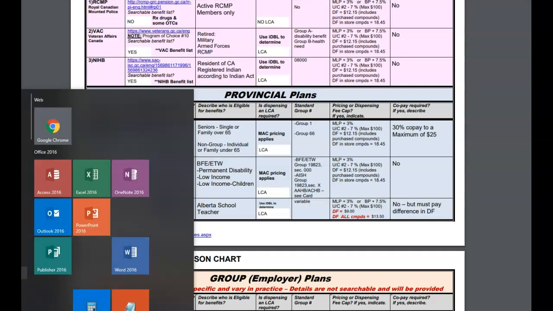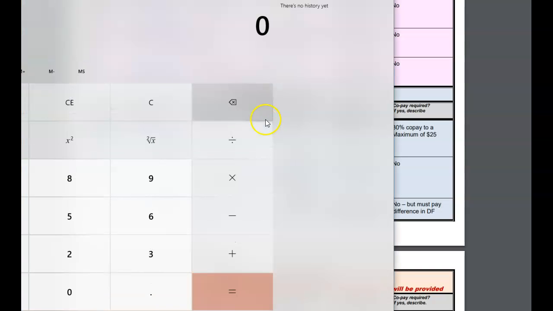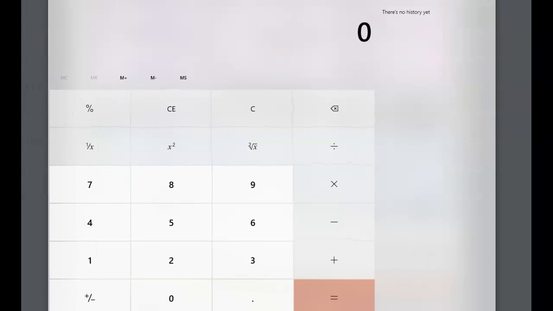Calculator, right there. So if a prescription was to cost, move that into the center so you can see that, the total price of a prescription would be $200 times 30%. That works out to be $60. That would be the 30% copay.